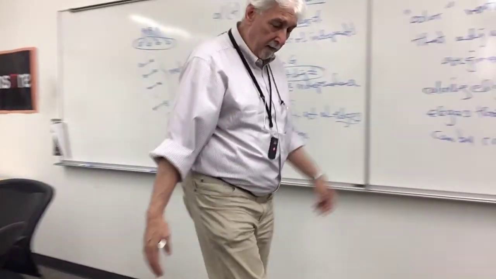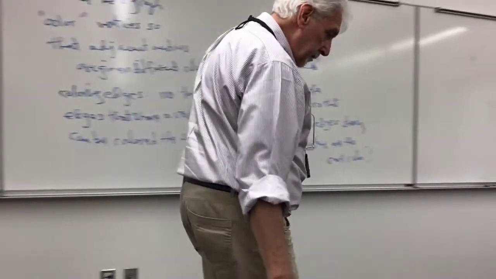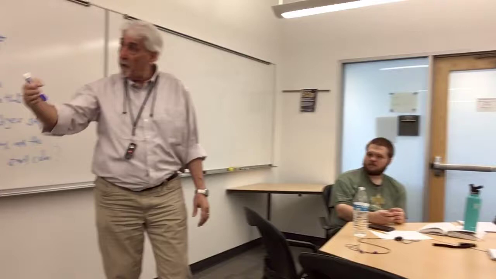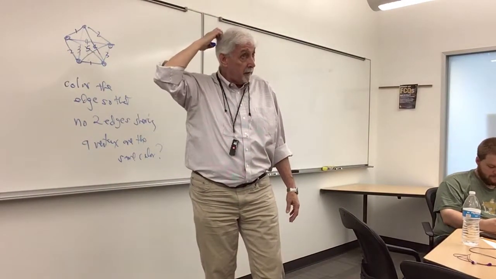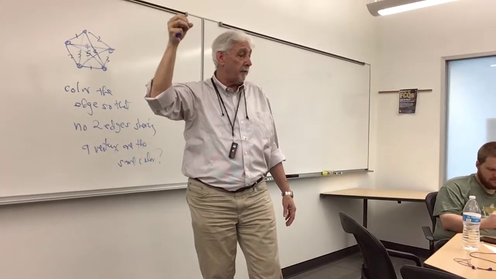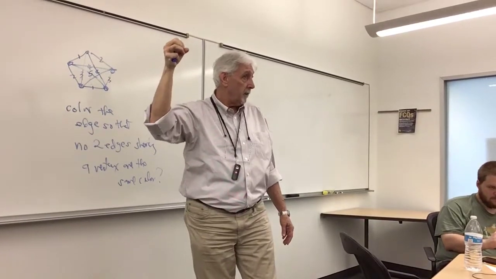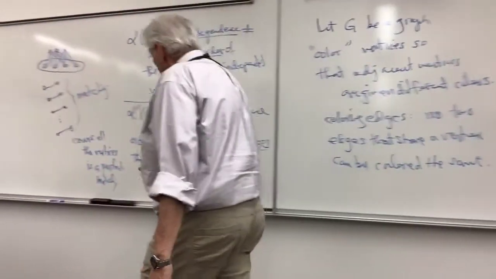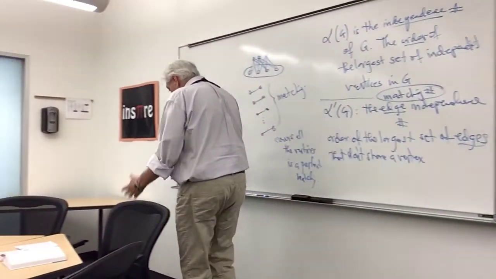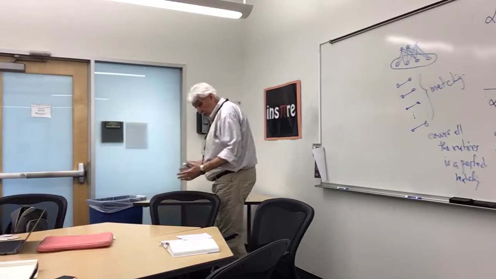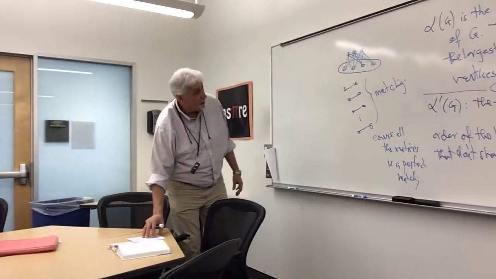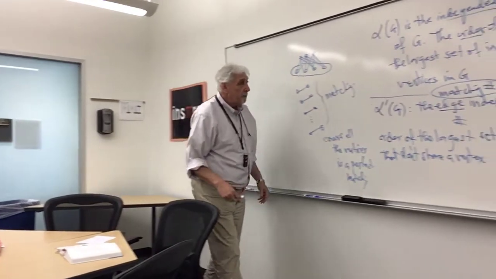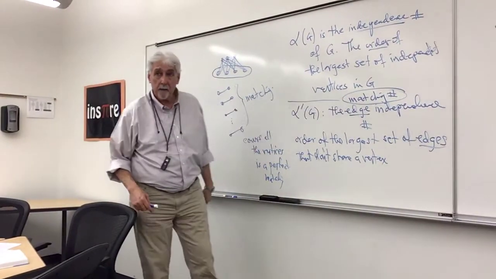Why wouldn't K5 have a perfect matching? It has an odd number of vertices. And if I have a matching, each edge in the matching covers two of the vertices. So if I have an odd number of vertices, there's no way I can have a perfect matching. So we're looking for the largest set of independent edges. Okay, and I would call this the edge independence number. The book calls it the matching number.